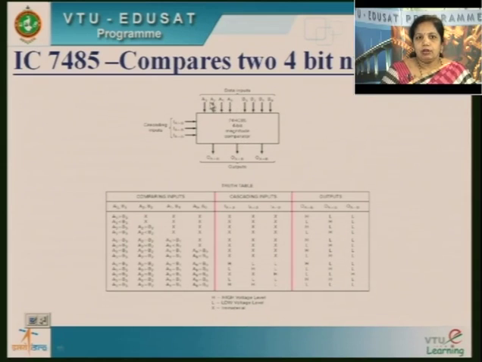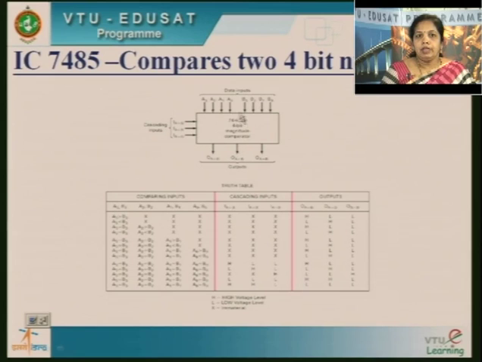We have A0 to A3, B0 to B3, so 4 bits of A and 4 bits of B. These are additional inputs used for cascading purposes. Whenever I need to increase the size, I can add one more IC and cascade it with the first IC. We have 3 outputs: equality, greater than and less than.